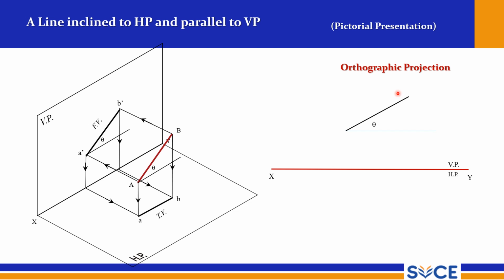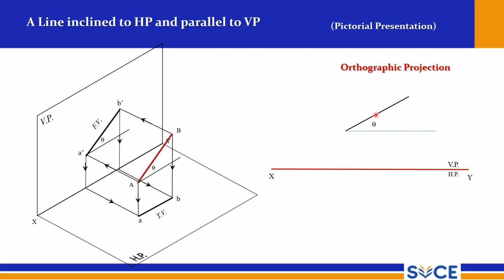To start any problem, you have to start with the true length line in case of lines. In case of planes, that we will discuss later, there also we have to start with true shape. Wherever we can see the true shape, from that plane we should start to solve our problem.